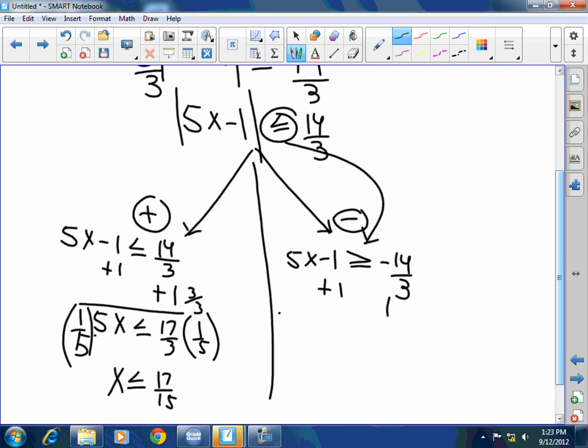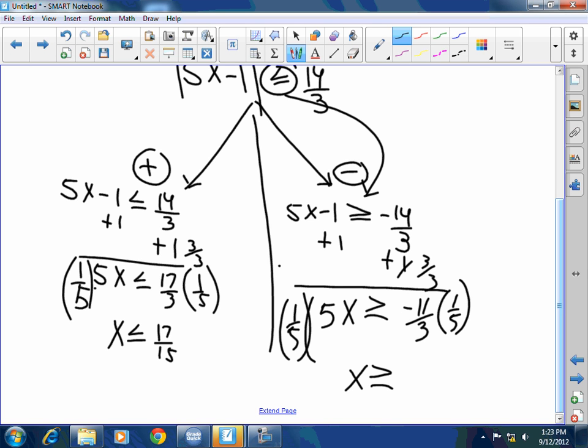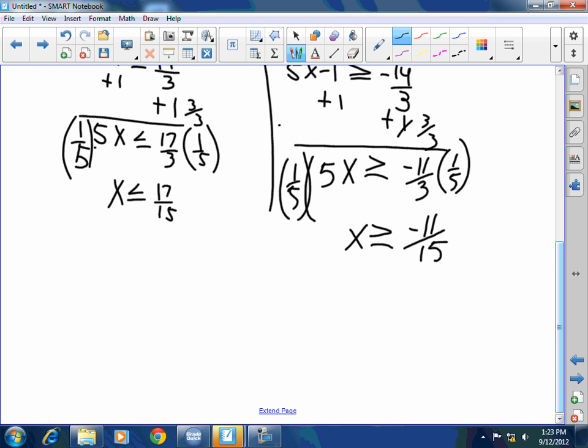Add 1 over here, which becomes 3/3. So I've got 5x is greater than or equal to -11/3 multiplied by the reciprocal of 1/5. So x is greater than or equal to -11/15. Now, we know how to work with these, okay?